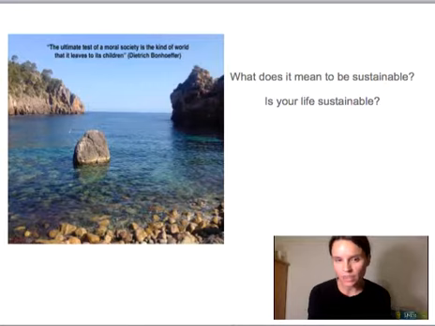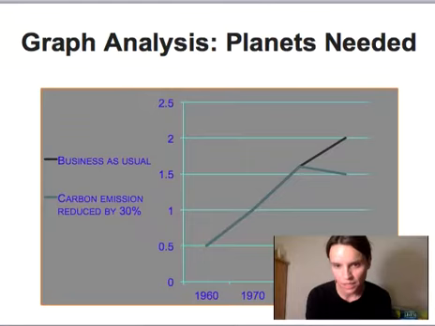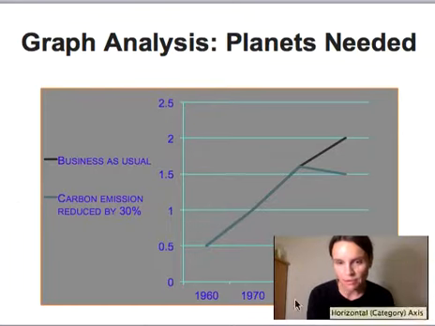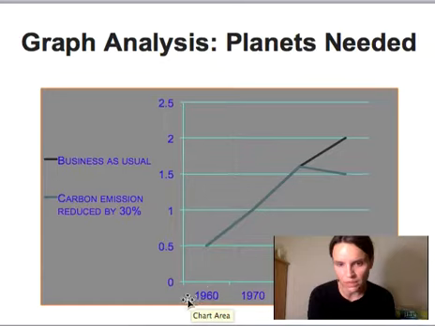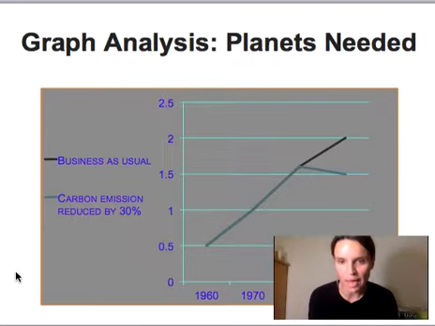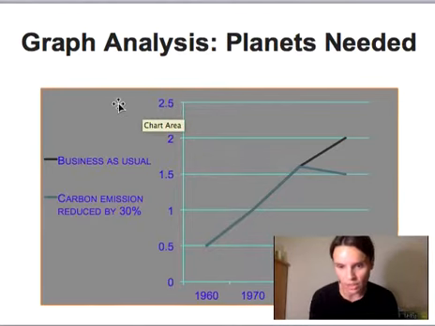And I want to give you a graphic to help you as you consider that question. This is some information put together, and I'm sort of covering up some of what's important here in terms of the years. But this is a graphic about how many planets we need to sustain the consumption that goes on from the human populations on our Earth.